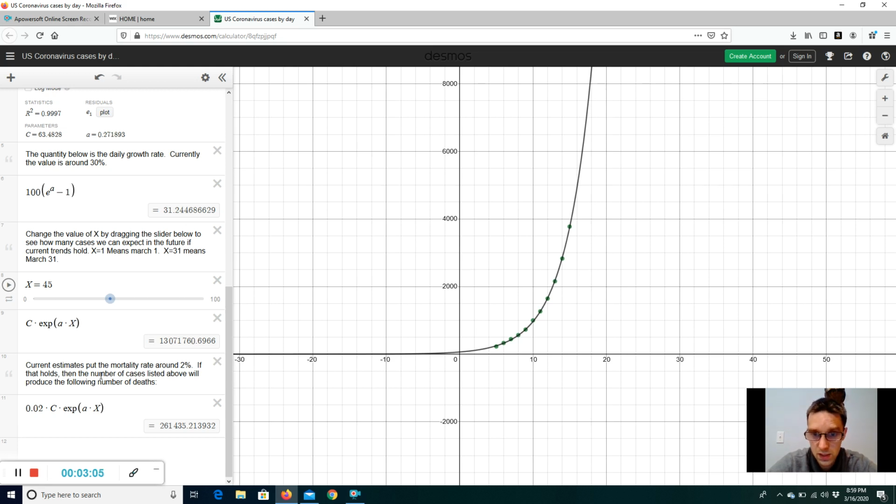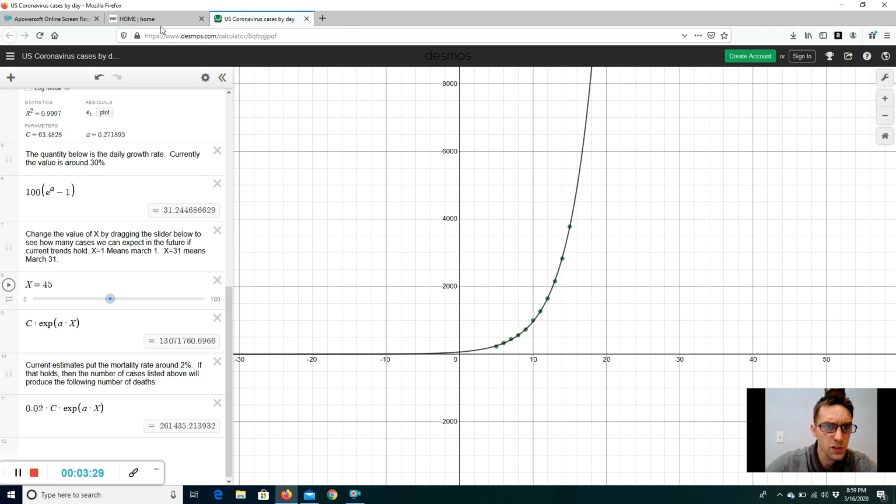And some of the measures that have been taken recently in terms of encouraging people to avoid large gatherings, closing restaurants, I think have a potential to definitely slow this down quite a bit. So the hope is this pattern does not continue and that 13 million number is not something that we actually reach. But if we were to do nothing, I think there's a decent chance that that would be pretty close to where we'd be sometime in April.